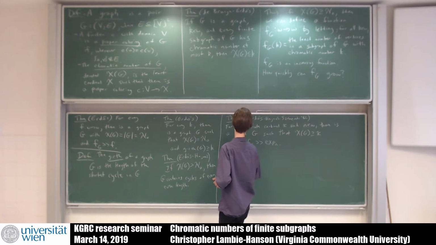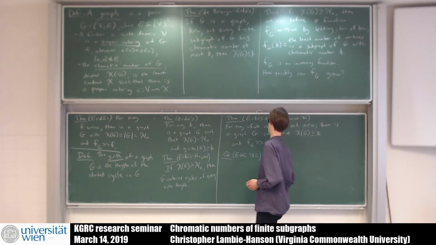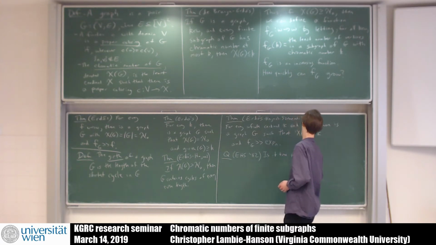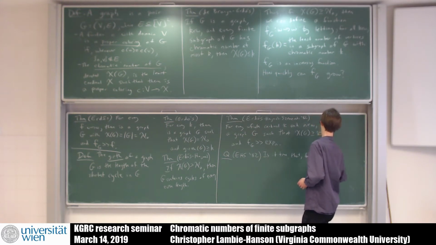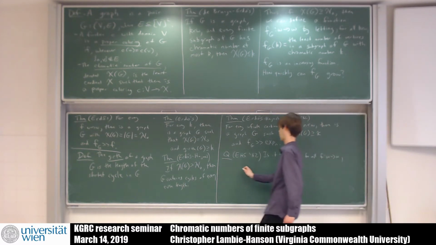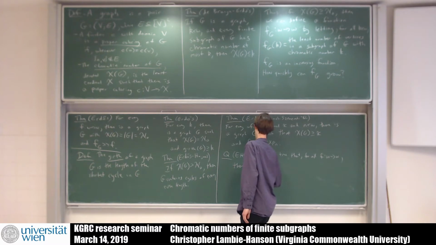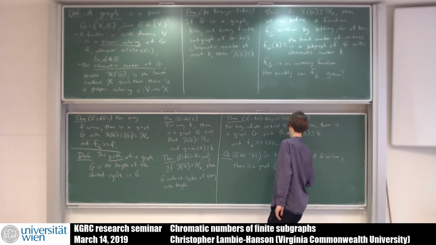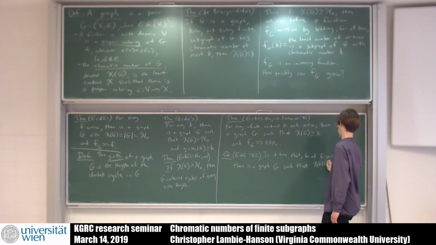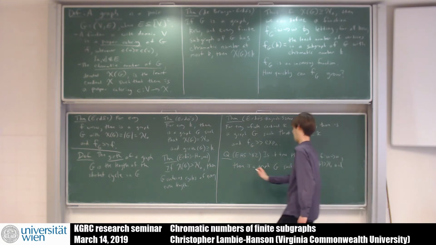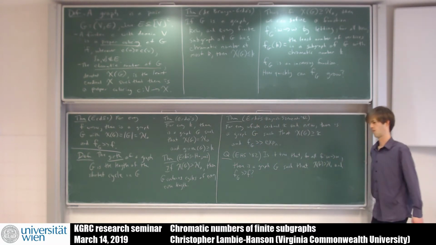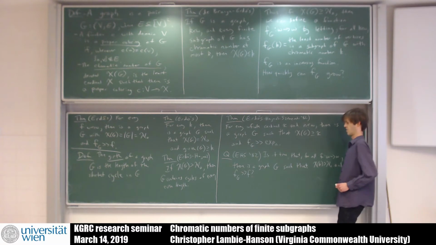So, is it true that for all f from omega to omega, there is a graph G such that the chromatic number of G is uncountable and FG grows faster than f?